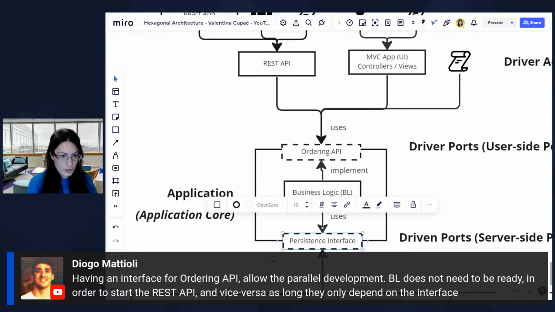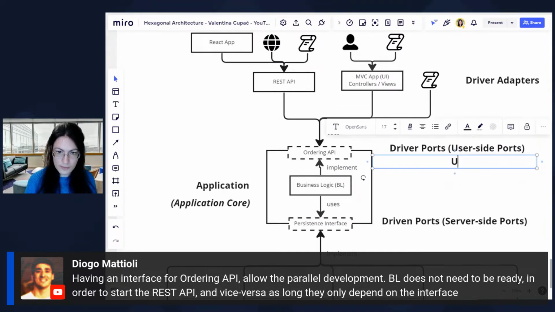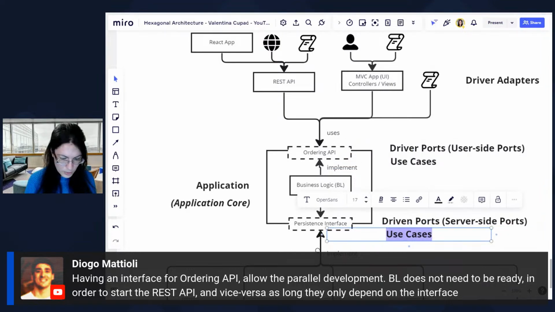Having an interface for the ordering API allows parallel development. Business logic does not need to be ready in order to start the REST API, and vice versa, as long as they only depend on the interface. That's exactly correct. This ordering API essentially represents the use cases of our system, so I'll just write the words use cases here, whereas these ones are like gateways.